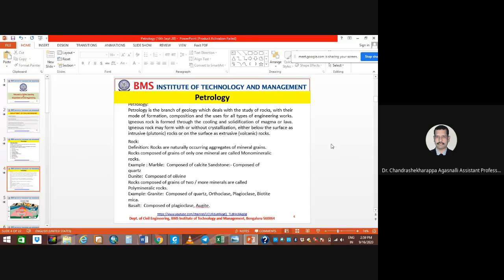Most of you have all seen granite. Maybe you have used it as a building material in your house, maybe as flooring. It is composed of quartz, orthoclase, plagioclase, and biotite mica. Yes, you will get all these minerals in granite.